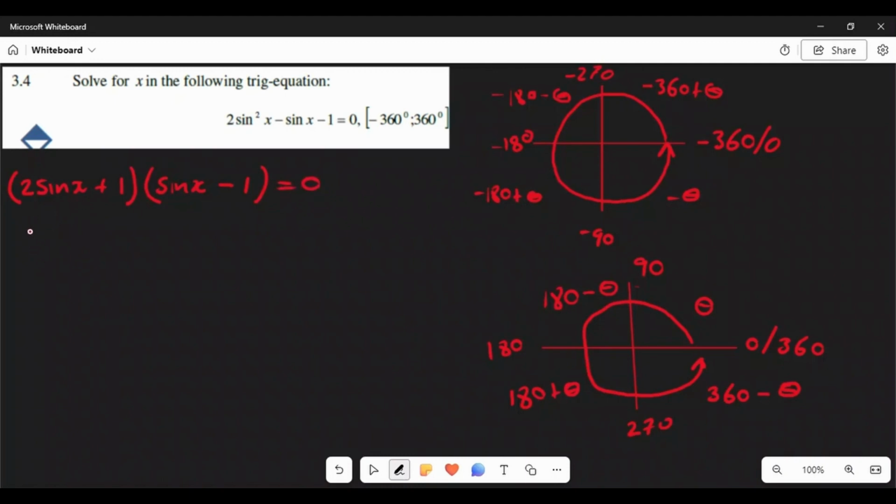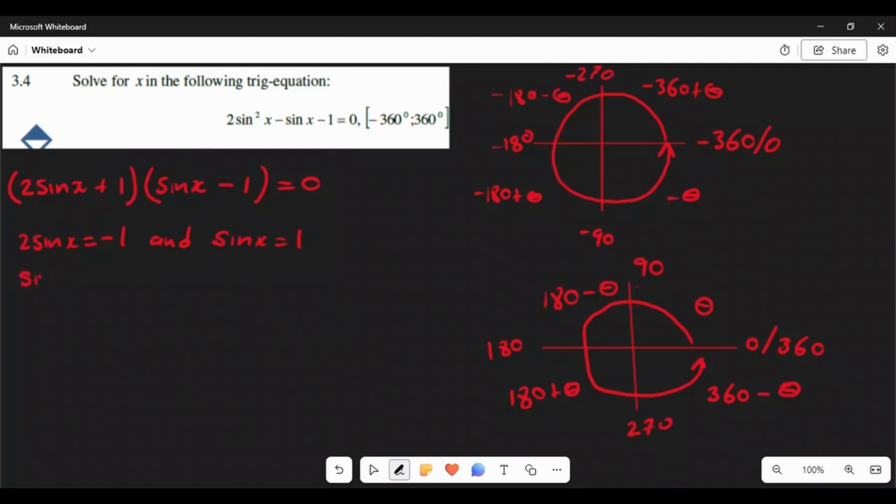Let's start with this one here. We can say 2 sine x is equal to negative 1. Then this other one, we can say sine x is equal to positive 1. From here we have to be left with only sine. We divide by 2.